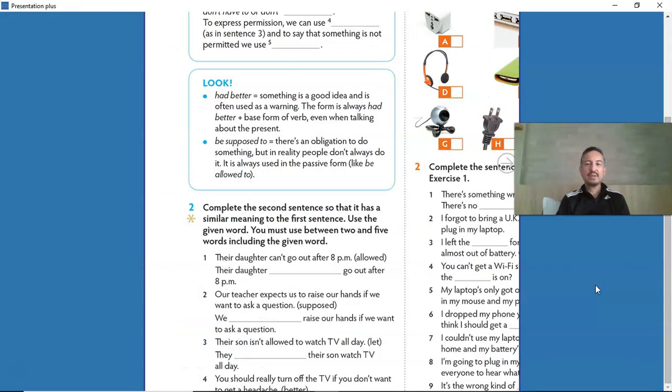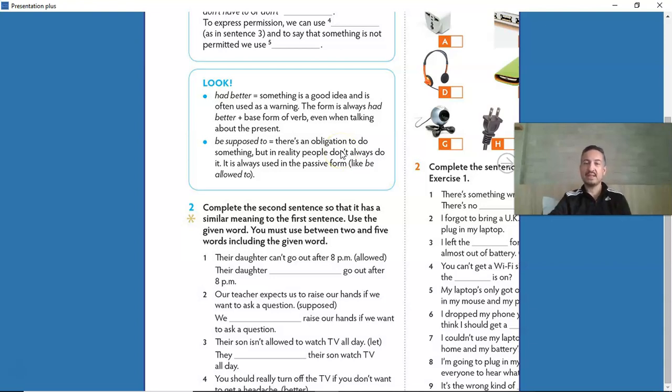Before we go to activity number 2, let's take a look at this box here. In this box we have two other expressions: had better and be supposed to. Well, had better is similar to should. It's something that is a good idea and is often used as a warning. So it's a good idea, but I'm warning you.